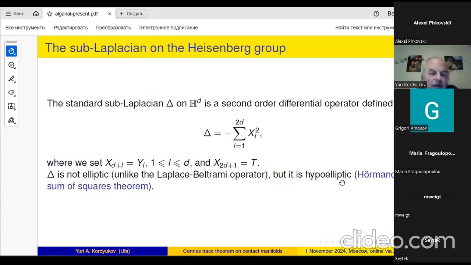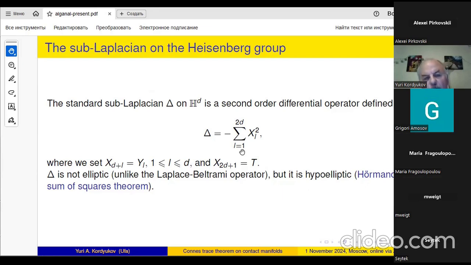And this simplest bracket generating property in this case tells us that this operator is hypoelliptic. And hypoelliptic means that if we consider the corresponding equation, Δu = f, if the right hand side is smooth, then the solution will also be smooth. And this holds locally.